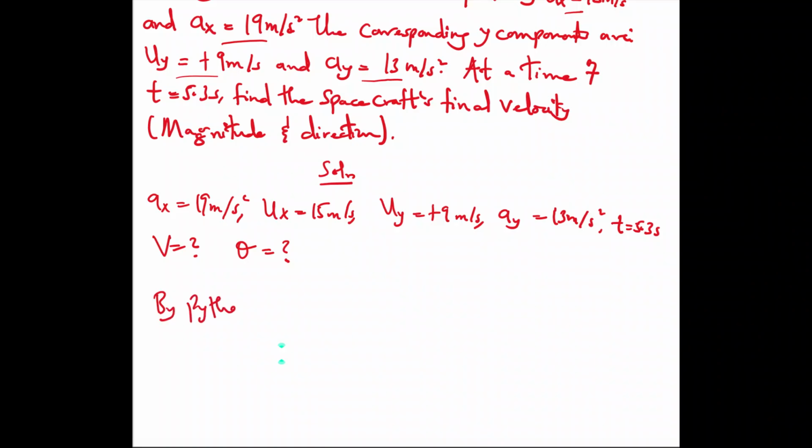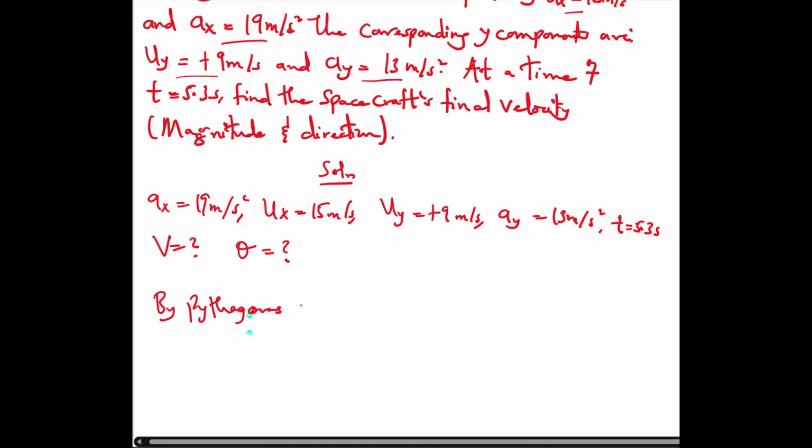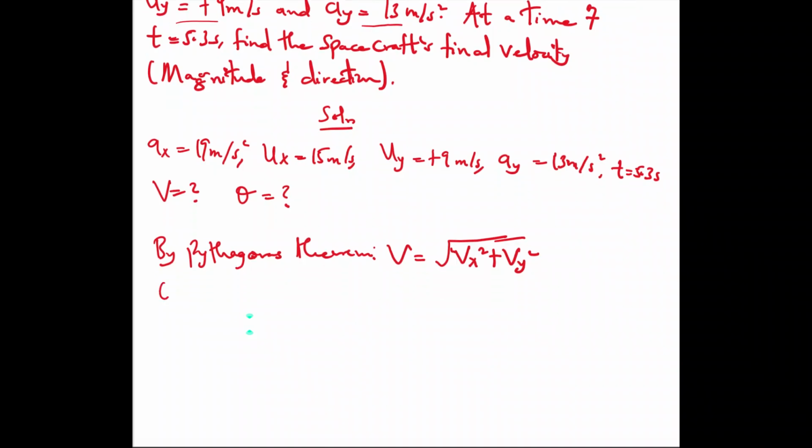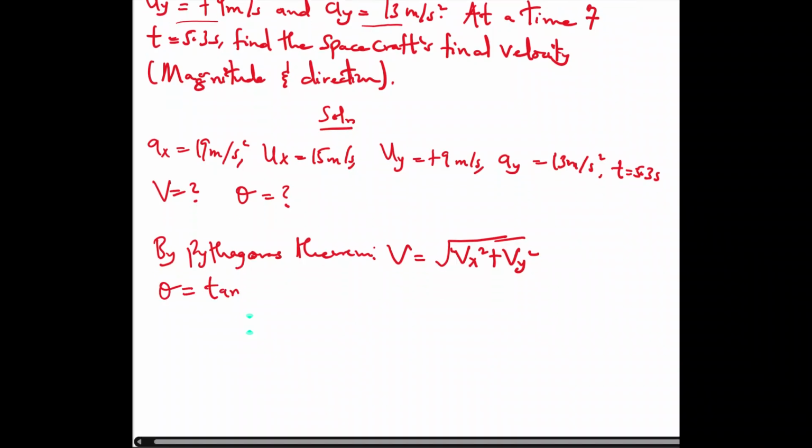So now we can say that by Pythagoras theorem, we have v equals the square root of vx squared plus vy squared, okay. And to find the angle, theta will be arctan vy over vx. You need to know this if you don't know it before.